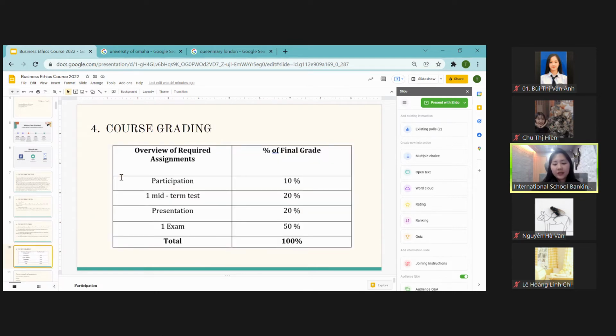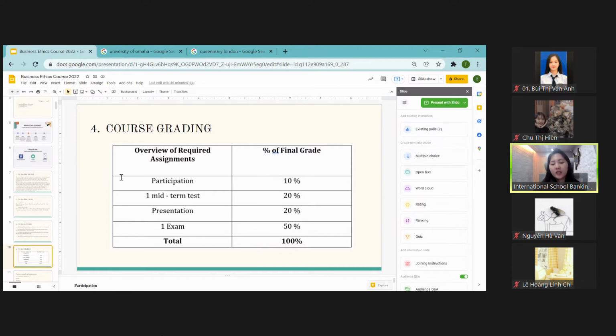Course grading. The grade structure is probably similar to any courses that you have already or are currently taking. I have 10% for participation, and the participation comes from the checking-in activity at the beginning of every single class. And then I have 20% for the midterm test.